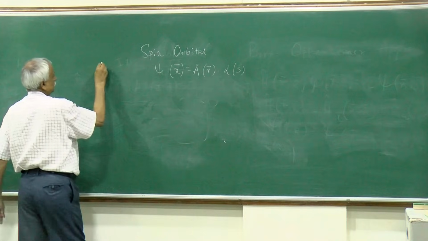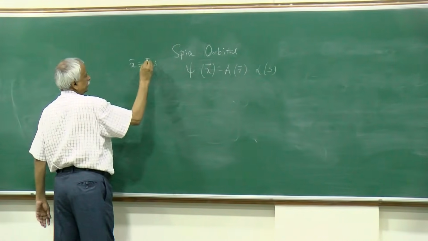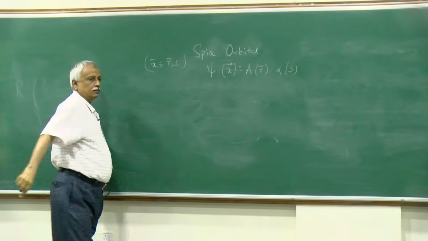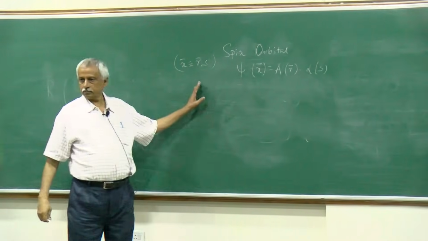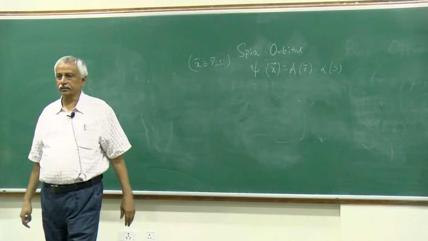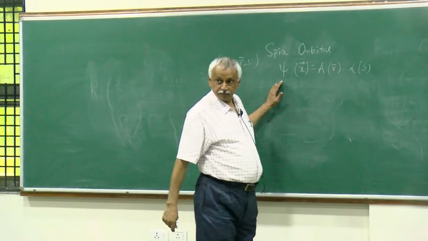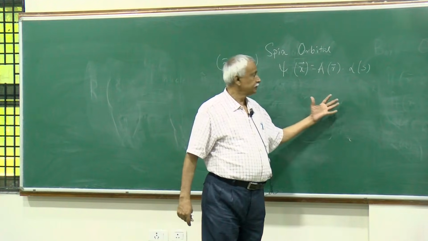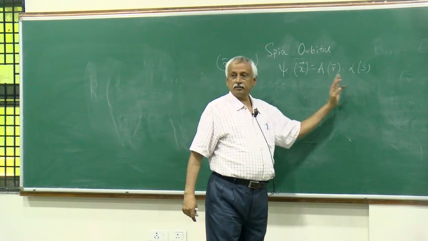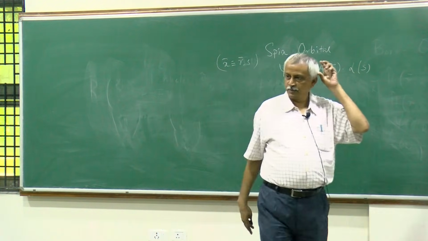So x is generally used here as a common coordinate, spatial variables and the spin. So this one is just a spin orbital, one particle case, remember. So this is the wave function A(r) times alpha(s), where A(r) is the spatial orbital.